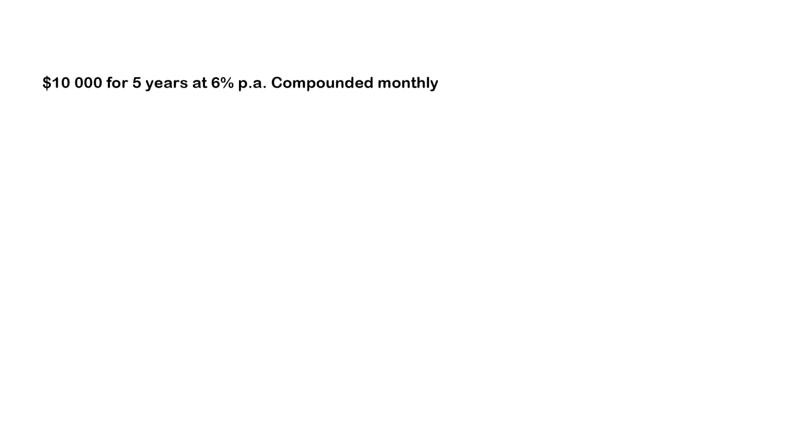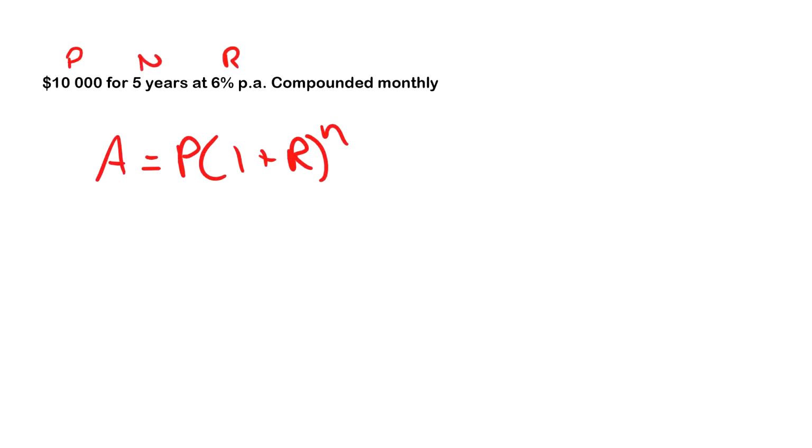Now we have another one. I'm going to write the formula again. A equals P, bracket 1 plus R, to the power of N. So here's my investment, here's my rate. Now it's 5 years, but it's compounded monthly. That's key. It means we need to modify our N and our percentage.